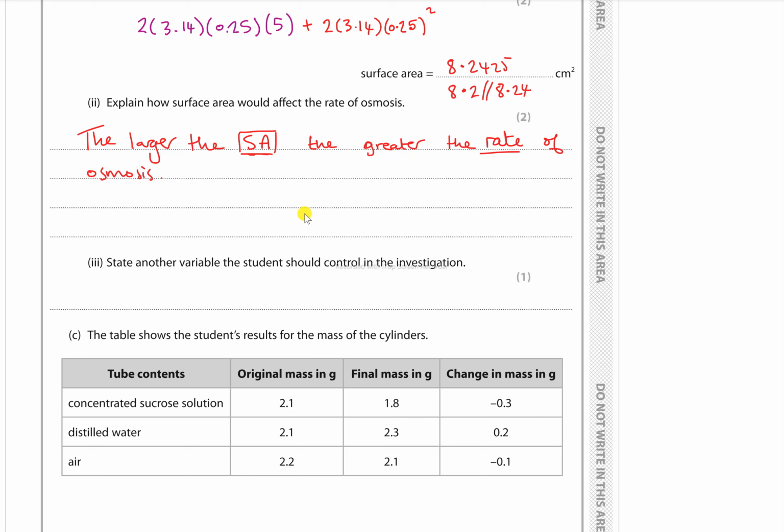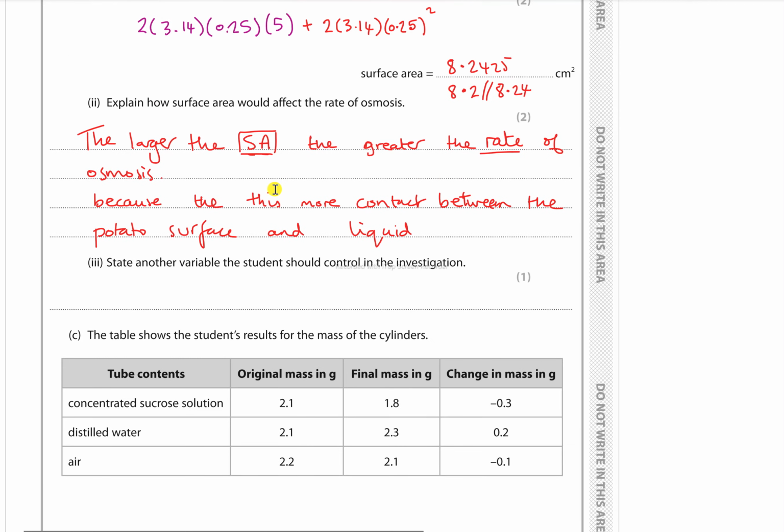So what we're saying is increasing the surface area increases the rate of osmosis. Because why? Because there is more contact between the potato surface and just say liquid or gas.